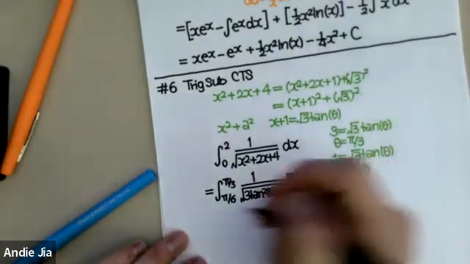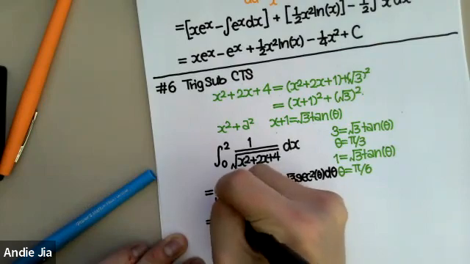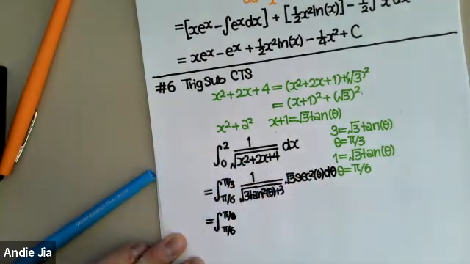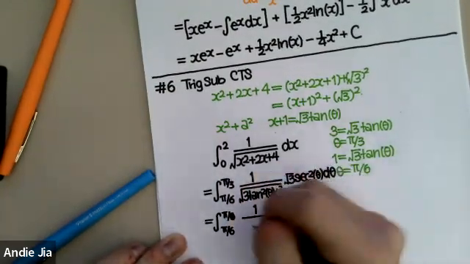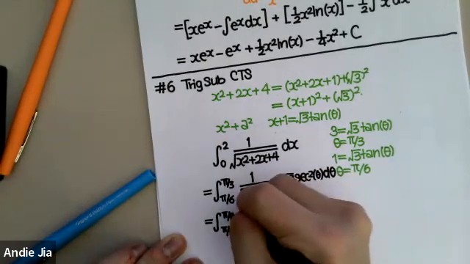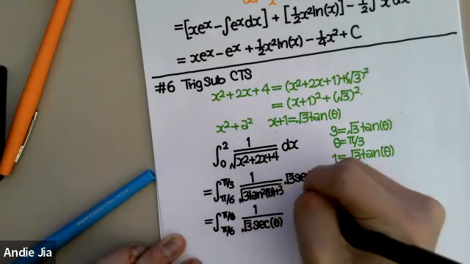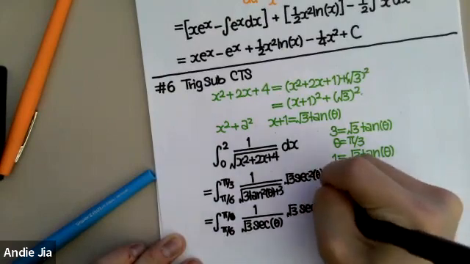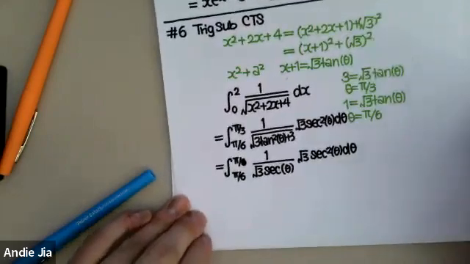And then you do all the simplification here. For pi over 6, that's going to be 1 over 3. So it's going to be 3 of secant theta, then 3 of secant squared of theta. Now you have a nicer integral.